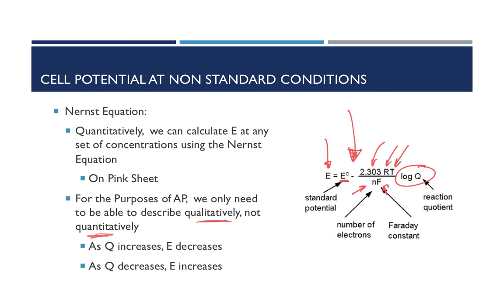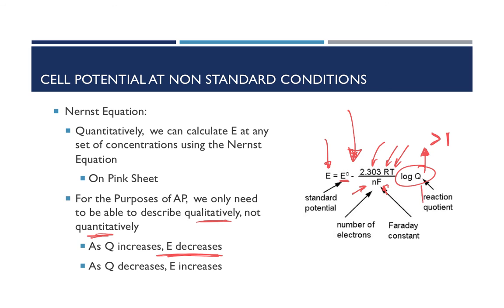And so we can think of it this way. If I increase Q, that means my log of Q is going up, which means it's getting greater than 1. If it gets greater than 1, that means we're moving toward K, and as a result, the E overall is going to decrease.